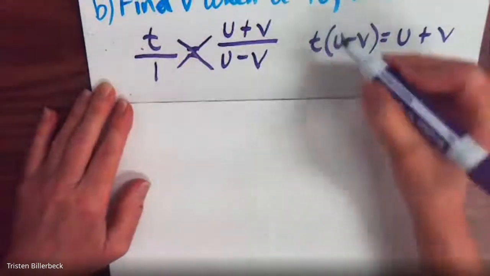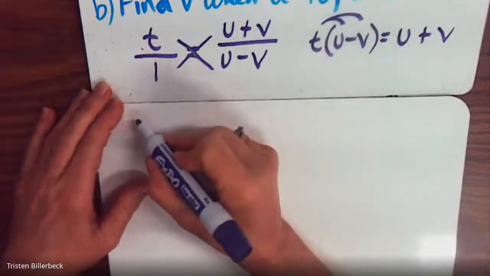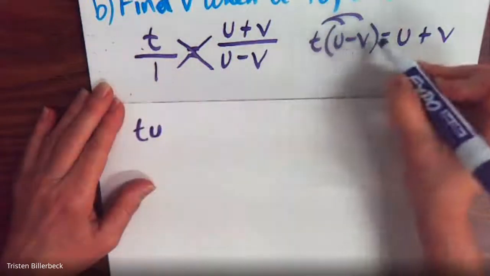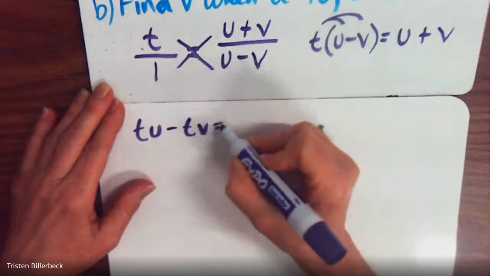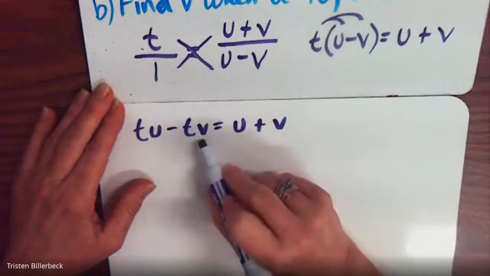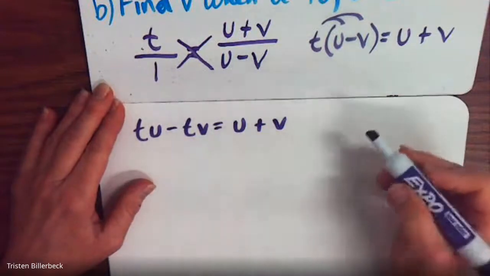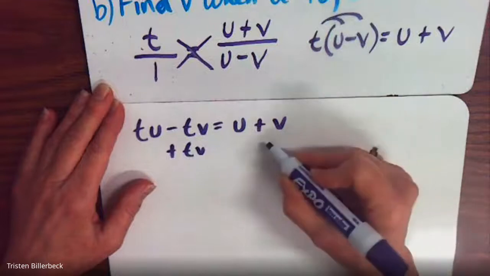Okay, we have to distribute now. So we have t times u, so tu, and t times negative v, so minus tv equals u plus v. Now our goal is to get these v's by themselves. So let's add tv to both sides.